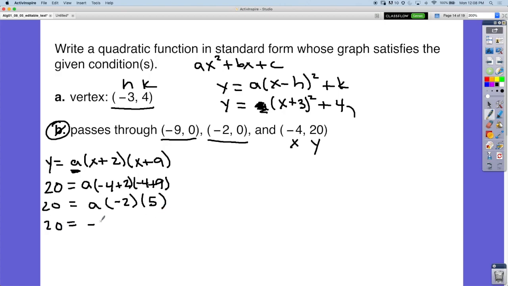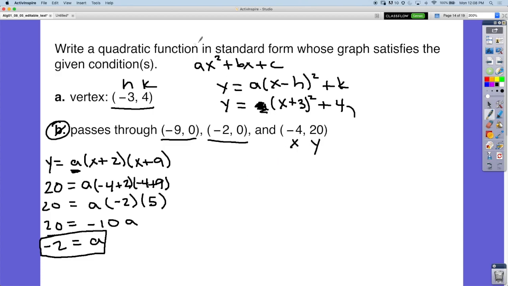So 20 equals -10a. That means a is going to be -2. Okay, so now a is -2. I figured that out. That's super important.